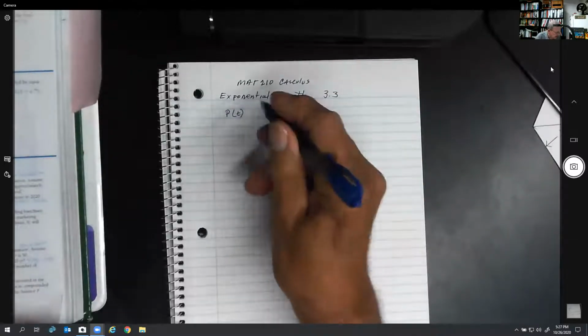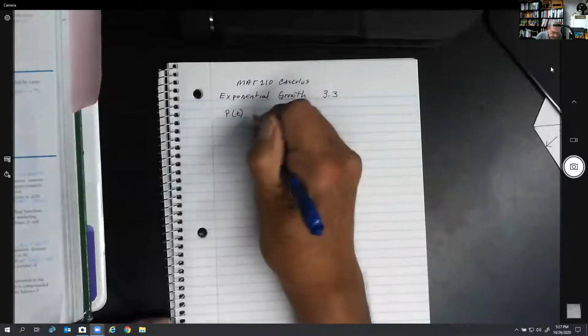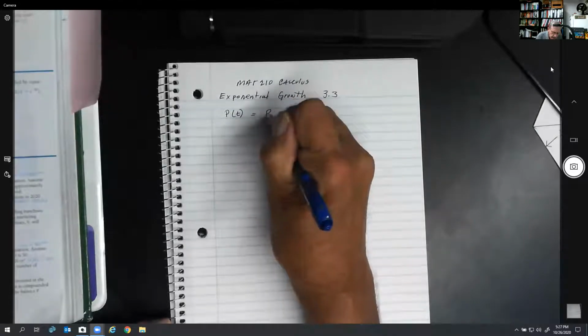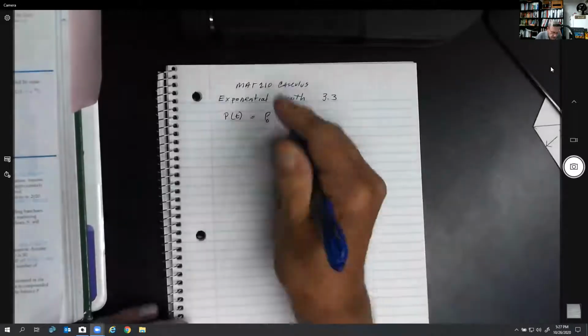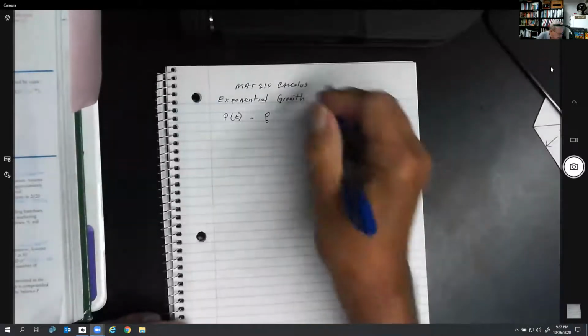T stands for time. P sub 0 is the initial amount that you started out with. It could be the initial population, it could be the initial amount of money you invested. It's the initial amount that you started with.